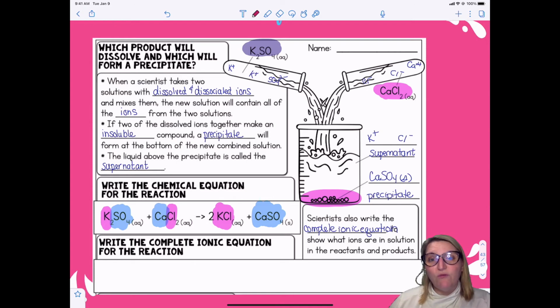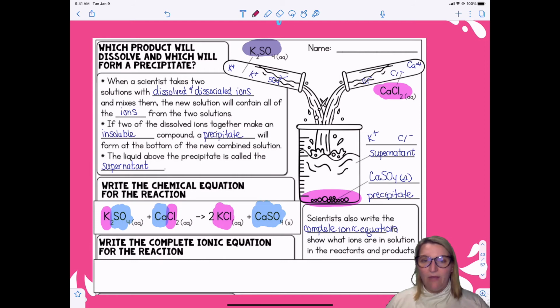And we have different ways of writing what we just did, okay? What is written here for us is called the complete balanced chemical equation. So you can see it lists the reactants, and I color-coded these so you could see the positive of one matches up with the negative of the other. So the pink K and the pink Cl come together to make KCl, and that is aqueous.